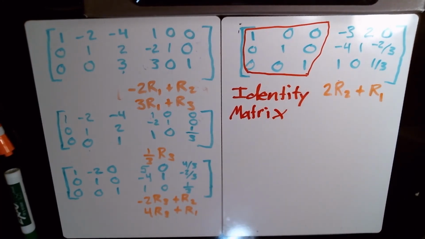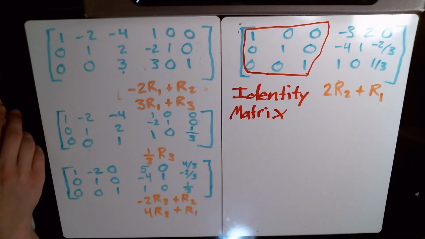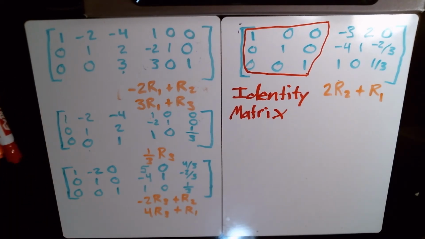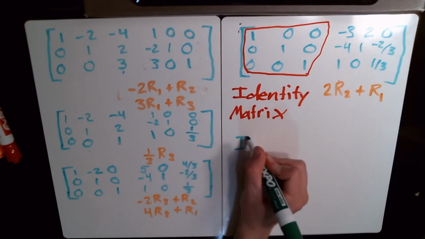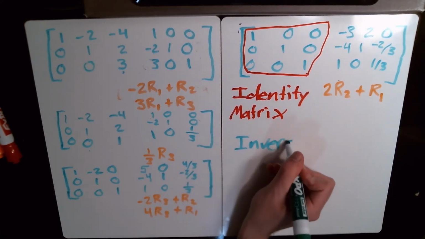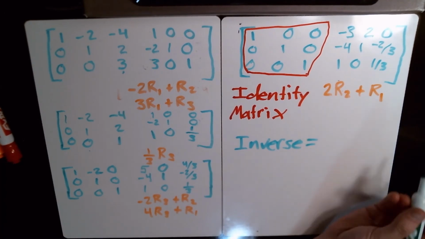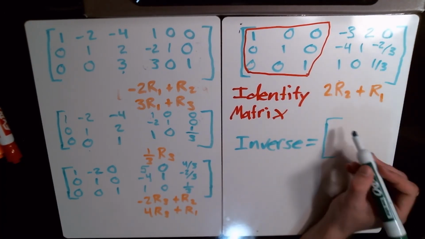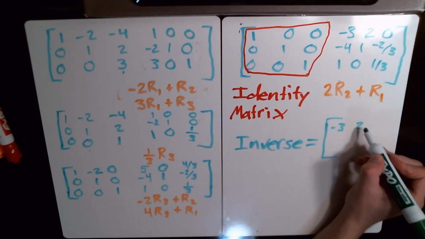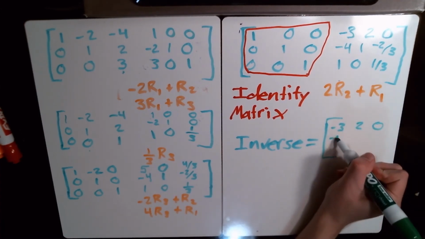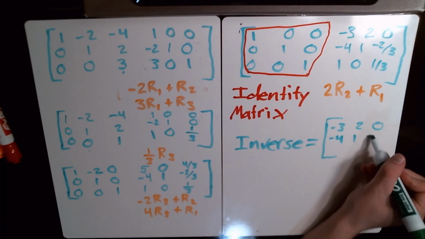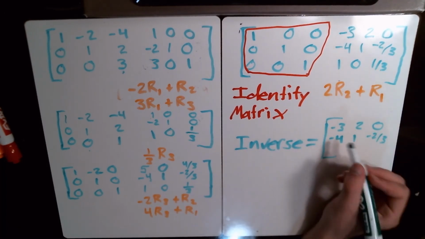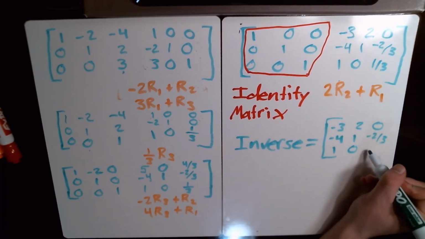And so the inverse matrix of the original matrix that we started with, the inverse is this matrix over here. Okay, so it's -3, 2, 0, -4, 1, -2/3, 1, 0, 1/3.